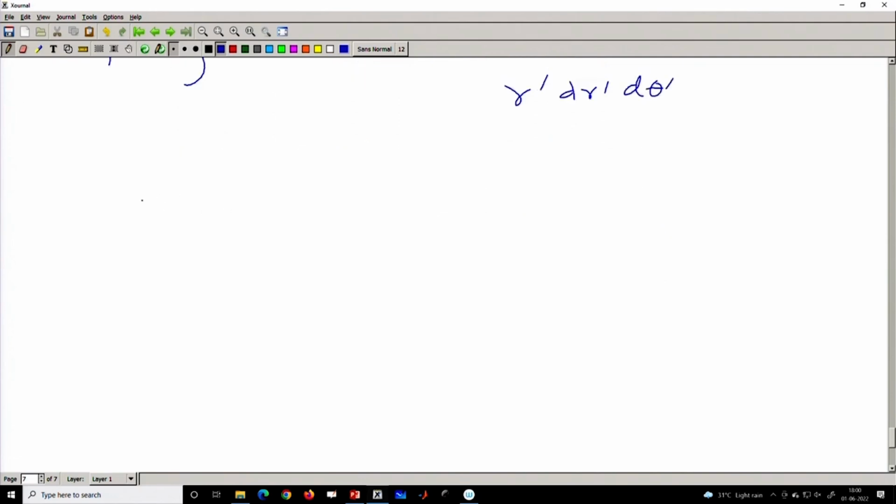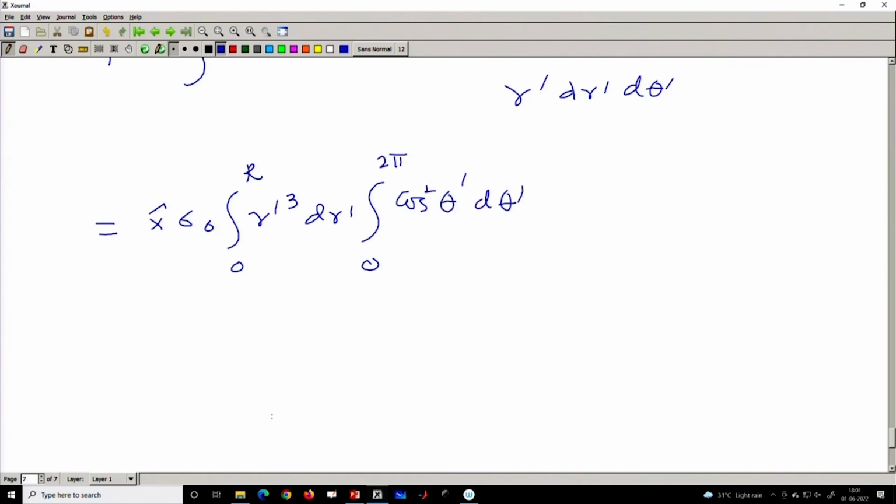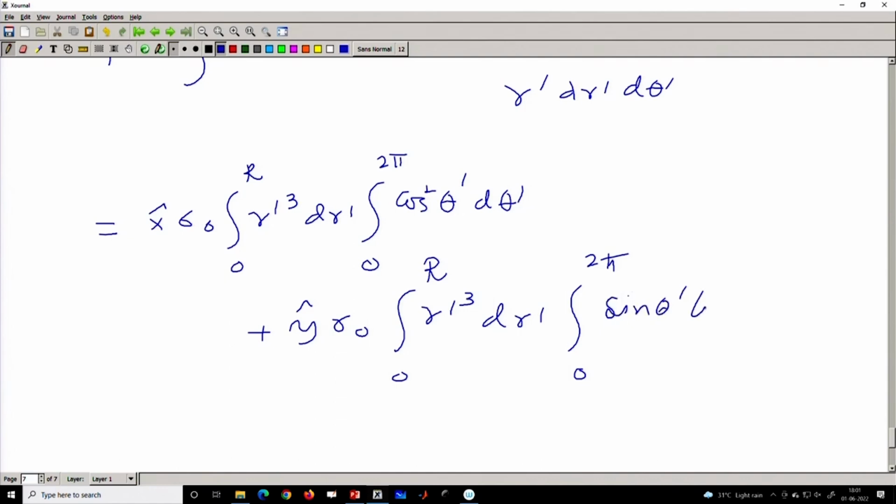Now, if I calculate separately for x and y component, for the x component, sigma 0 I can take outside, it should be 0 to r and then r prime cube dr prime, and then we have 0 to 2 pi and we have cos square theta prime d theta prime, and the y component will be y sigma 0 integration 0 to r, again we have r prime cube dr prime, but here we have 0 to 2 pi and then we have sin theta prime cos theta prime d theta prime.